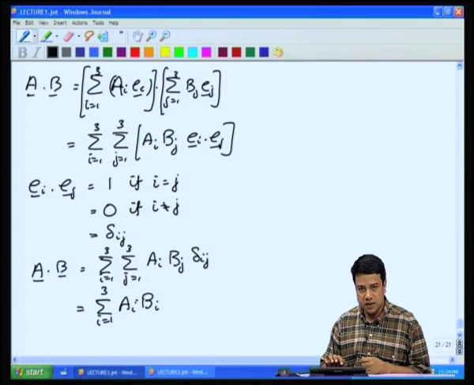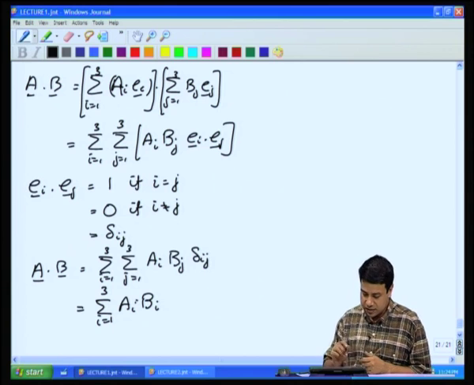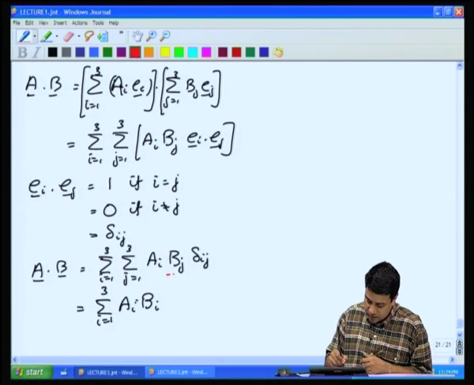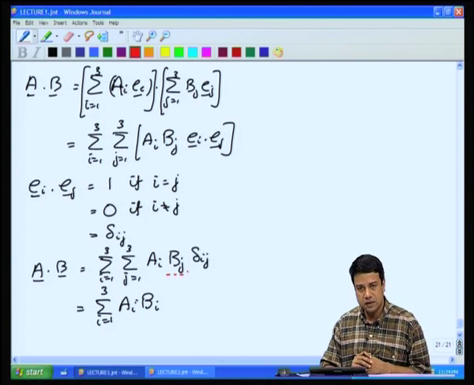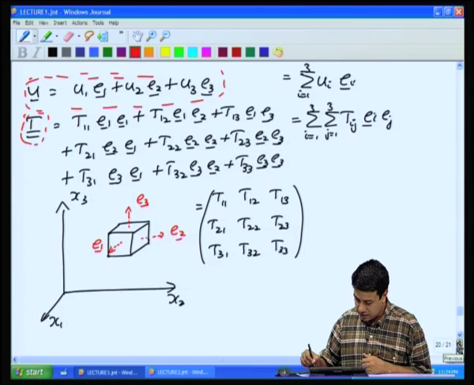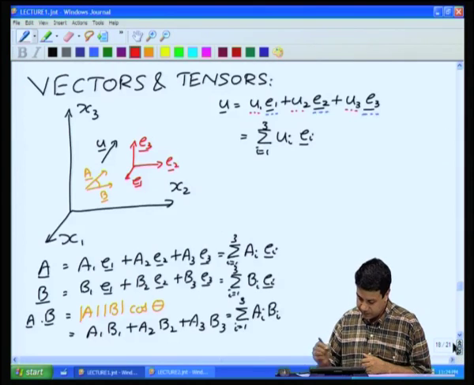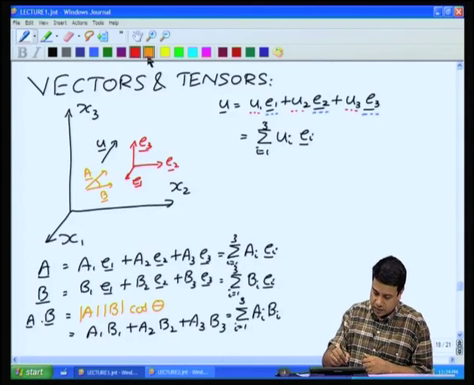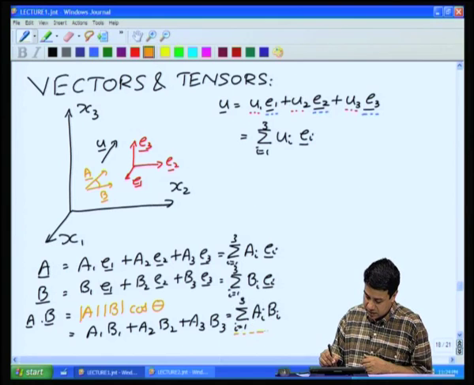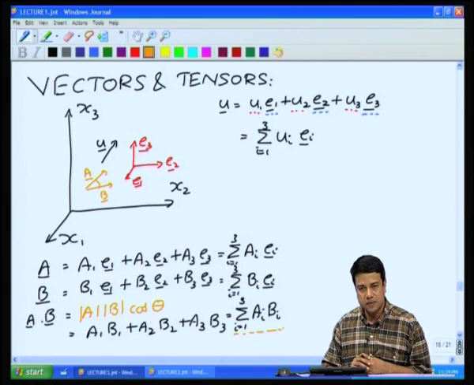Because in the second summation, only when j is equal to i do you get a non-zero result. Therefore, I can replace j by i and remove that summation, okay, and I get summation of A_i B_i. Okay. This, as you will recall, is exactly what we had when we discussed the dot product earlier.